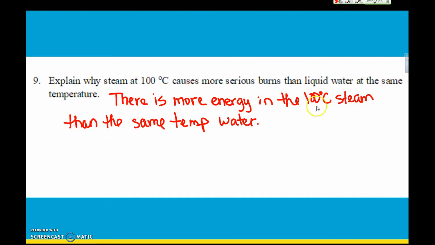And the reason for that is that the steam actually gained more energy during the phase change.